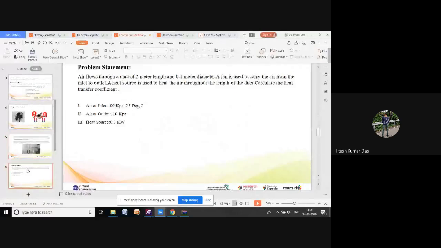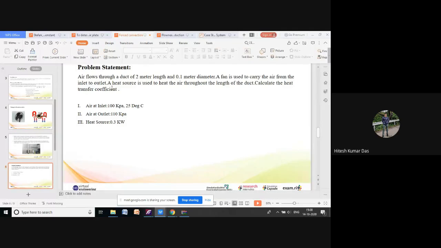Next page is our problem statement. For this, we are taking airflow through a duct of 2 meter length and 0.1 meter diameter. Then a fan is used to carry the air from inlet to outlet.